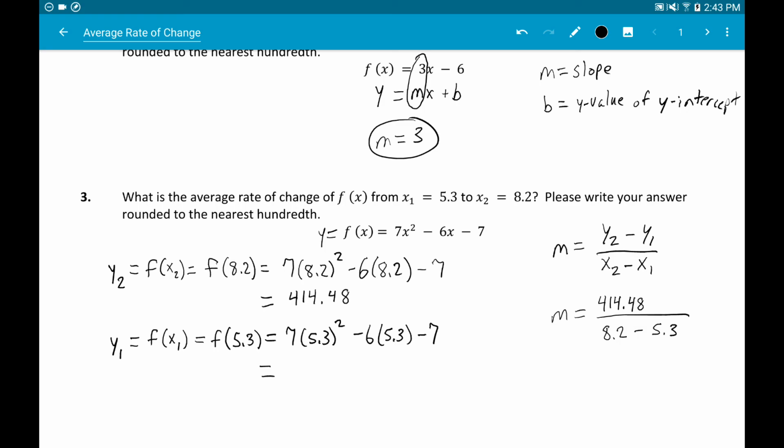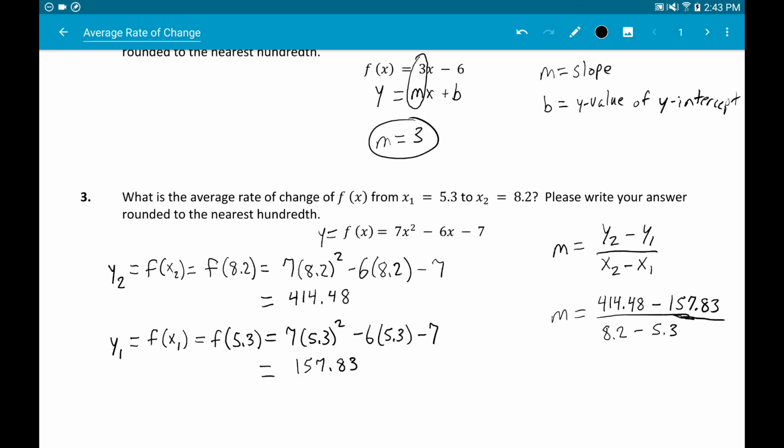Alright, so again, just plug it in the calculator. 7 times 5.3 squared minus 6 times 5.3 minus 7. We get 157.83. Okay, so there's our y sub 1 value. So let's go ahead and plug it into the slope formula over here. y sub 1 is 157.83.